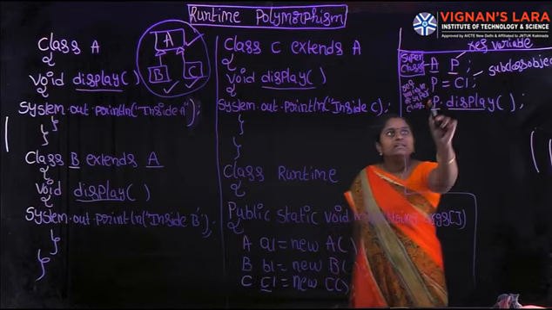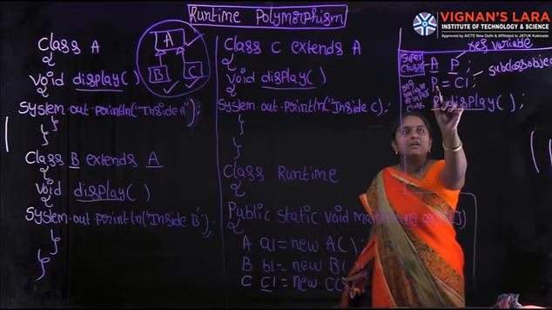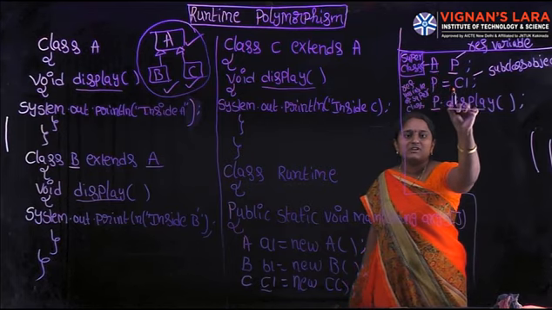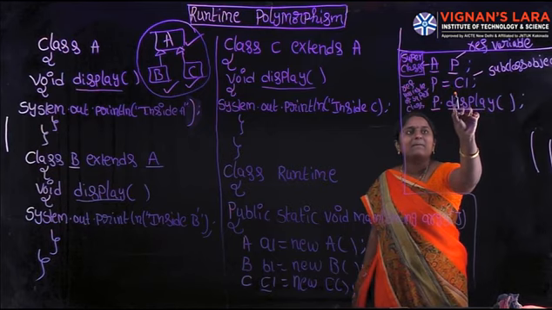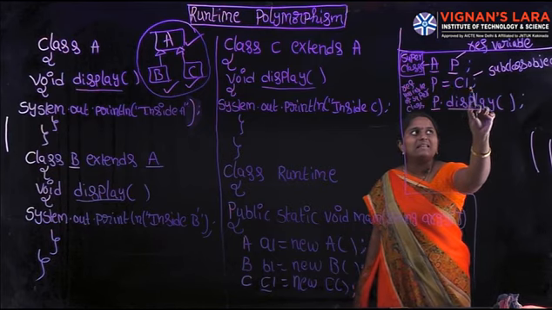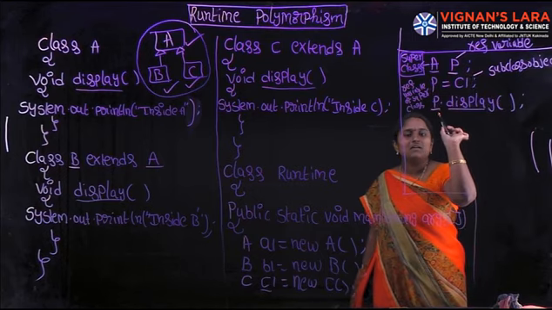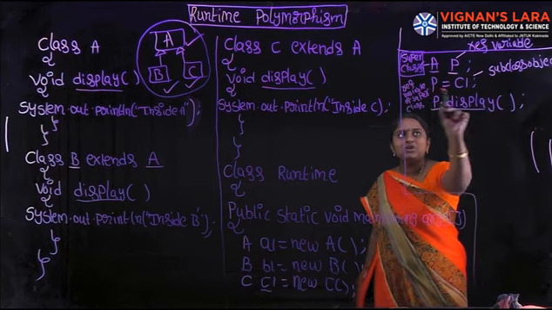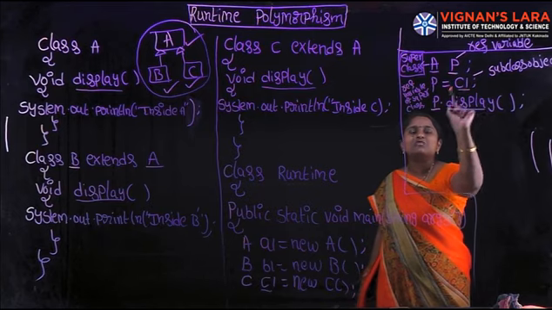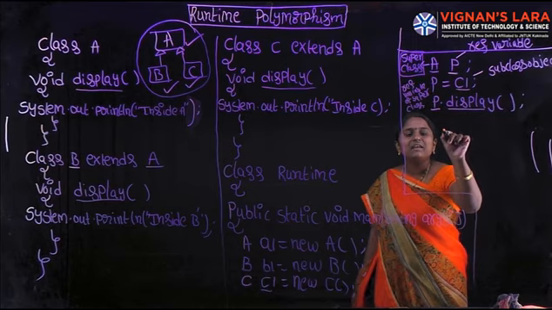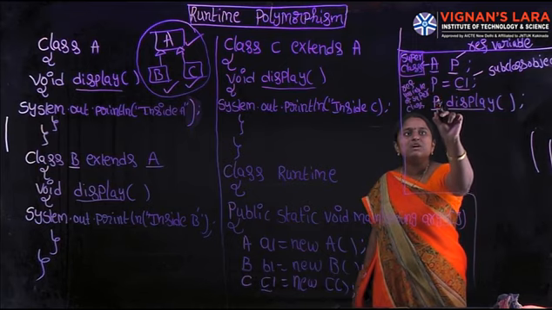In this second statement, the superclass reference is assigned to the subclass object. I'm assigning the subclass object through the reference variable of the superclass. The reference variable is of the superclass, the object is of subclass C. Always we can call the overridden method as superclass reference.